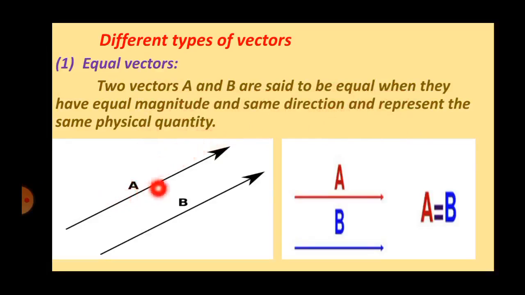A and B have the same magnitude and same direction, wherever their initial positions are. Therefore, A and B are equal vectors. Are you clear, children? Okay.